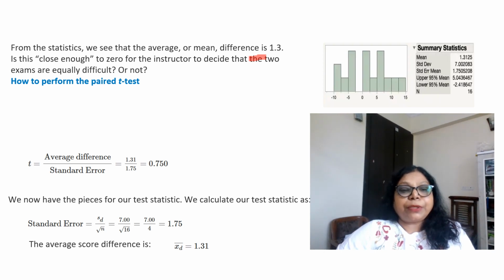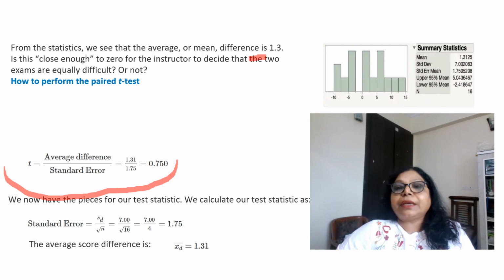So we now have the pieces of our test statistic, and we calculate it as you can see over here. T is the average difference divided by the standard error, that is the value of 1.31 divided by the standard error, 1.75. We can see this through this histogram and the summary statistics.